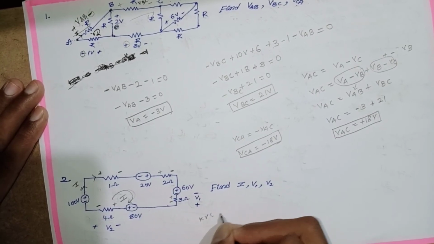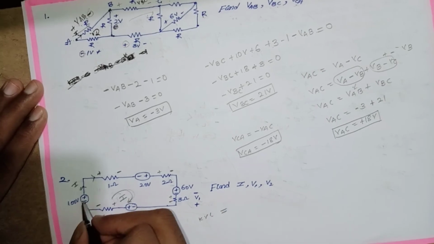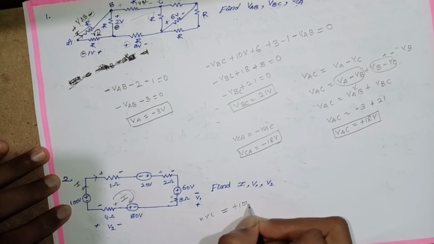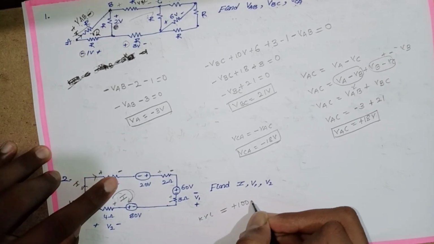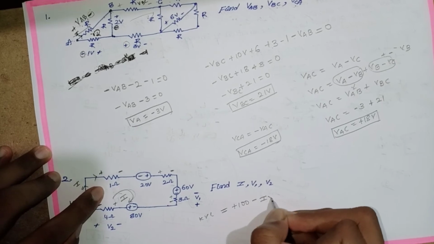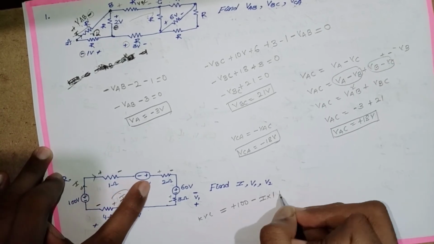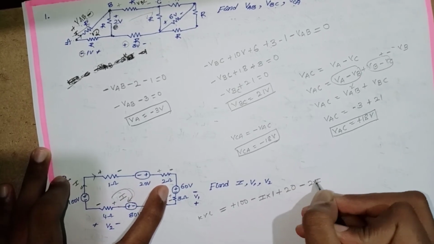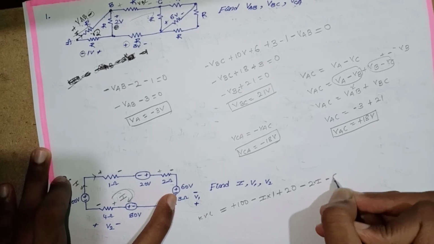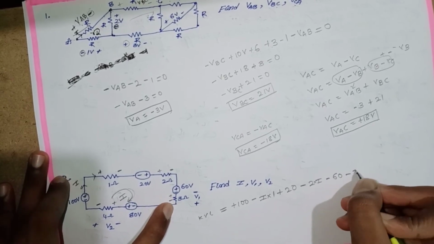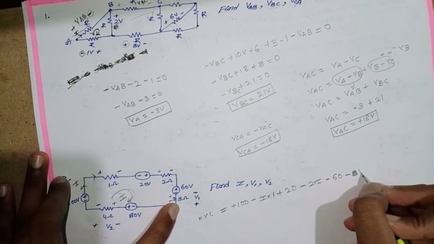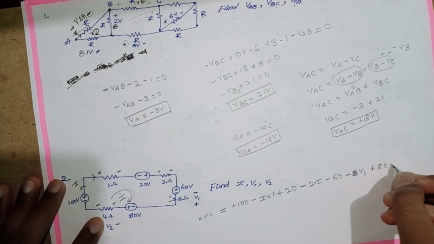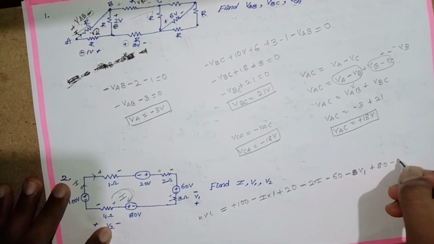KVL: leaving a node is positive, plus 100, then minus I into 1, then positive 20, then negative 2 into I, then minus 60, then minus 3 into I, taken as V1, then plus 80, minus V2.